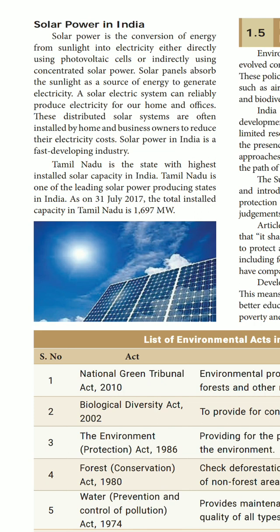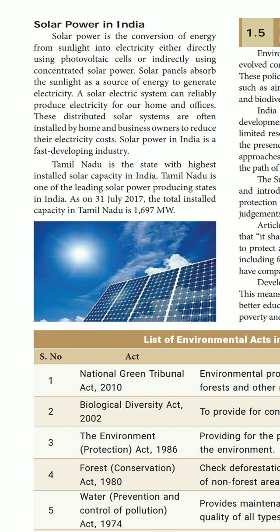These distributed solar systems are often installed by home and business owners to reduce their electricity cost. Solar power in India is a fast developing industry. Because of keeping the solar panel in your home or office, the electricity bill will be reduced.